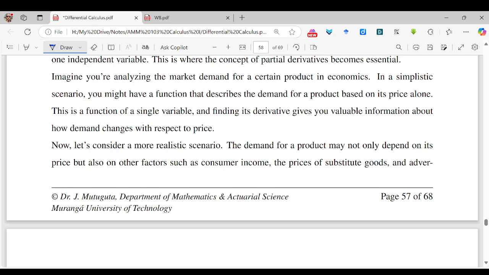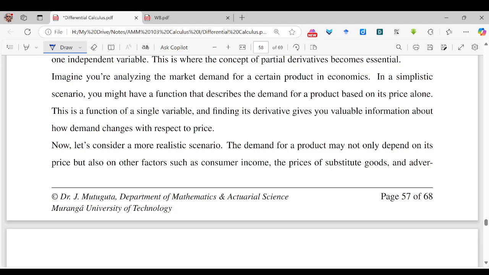For example, if you consider cooking oil, if the price of one brand of cooking oil goes up, consumers may tend to purchase other brands whose prices have not changed. So the price of substitute products will affect the demand of this particular product, not just the price alone. The income of consumers.